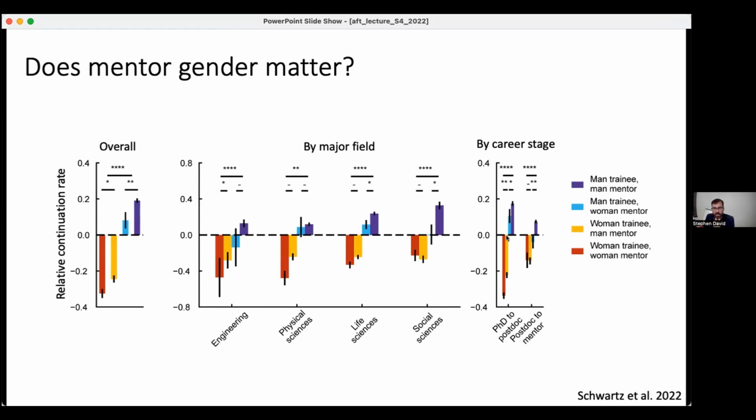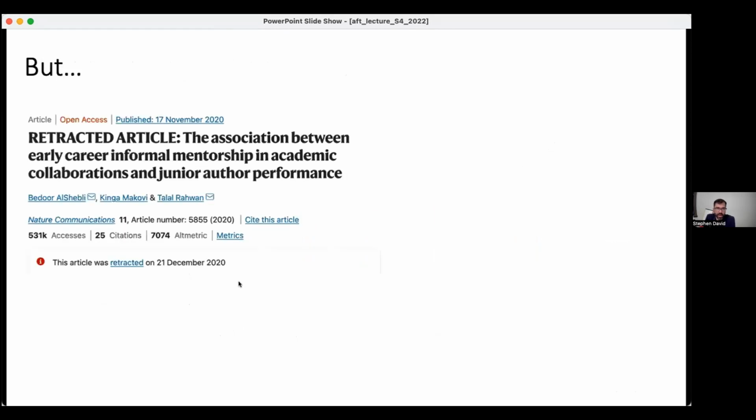And to some degree, we're seeing it both at the PhD to postdoc transition and the postdoc to mentor transition. So it does suggest that there's something in the data supporting this observation that trainees of women mentors are less likely to continue.